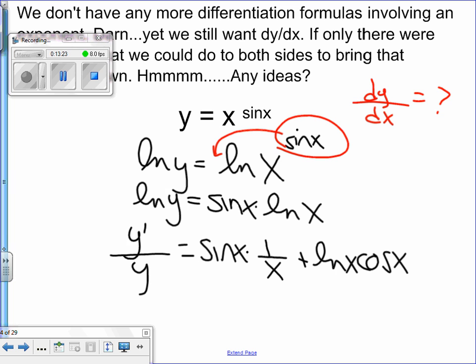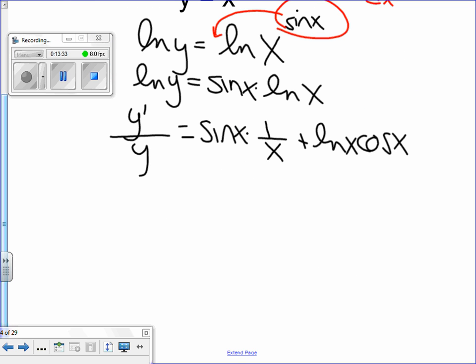All right, so now we know what y prime over y is, but we want just y prime. Nice idea. Let's multiply both sides by y. When you multiply and it's more than a monomial, you've got a binomial over here, so make sure you use parentheses. You want to multiply this whole side. Sine x, I could write it over x. That might be nice.